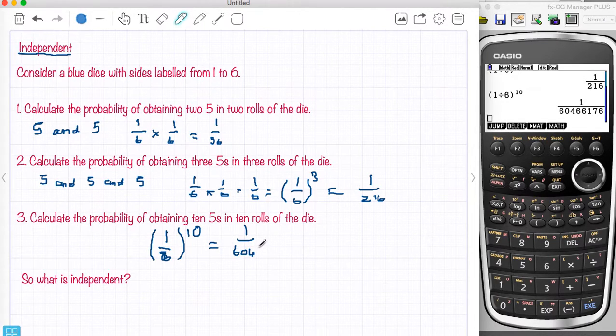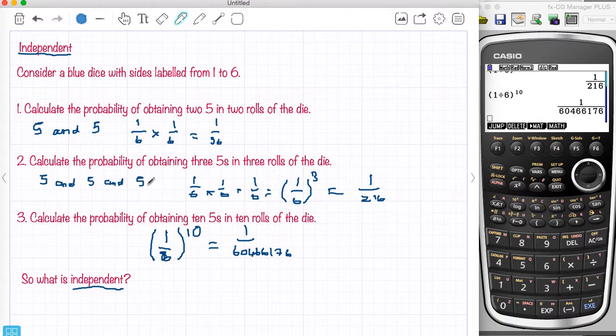So you're probably wondering, what is independence? Well, you've been using independence for all these questions. Independence is when the second event or third event is not affected by anything that's happened previously. If I get a 5 on the first roll, the probability of getting a 5 on the next roll is exactly the same.